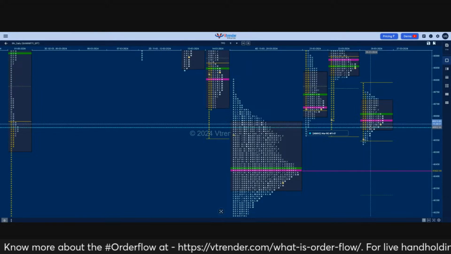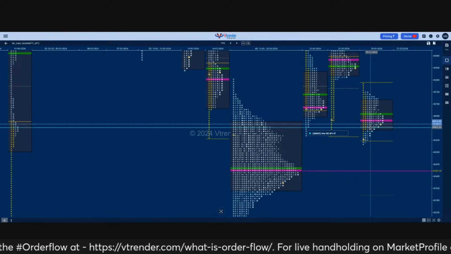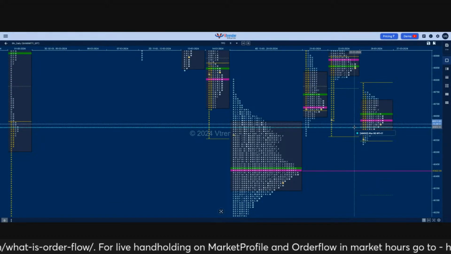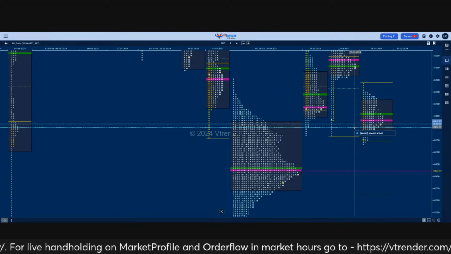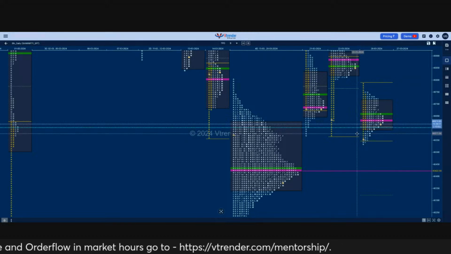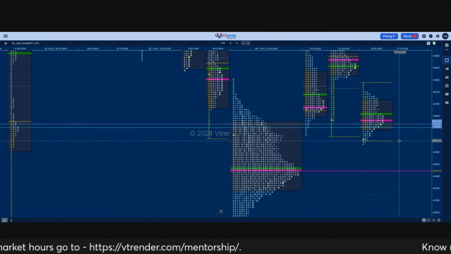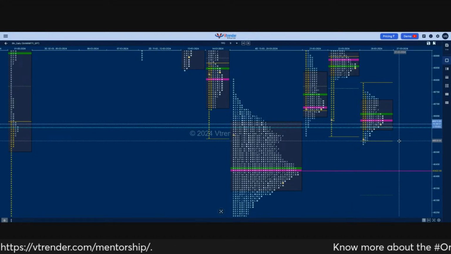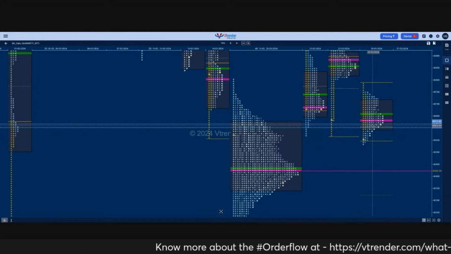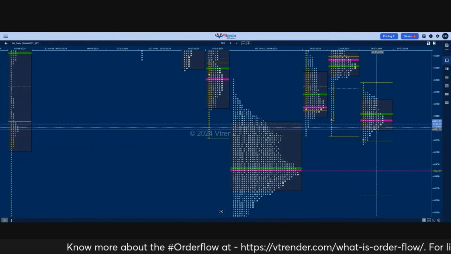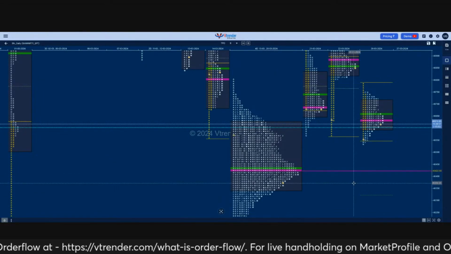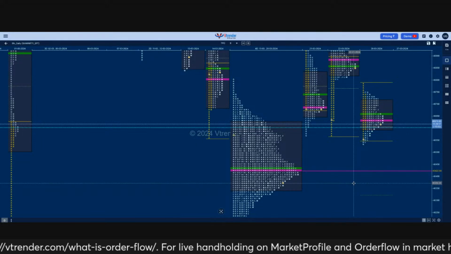So we have been continuously forming TPOs at the same level. That is the reason Bank Nifty looks good for one nice expiry move tomorrow in either direction. So we will need to see from the order flow and the open type tomorrow what it is telling us further. So here, if we stay below today's value, we are looking for these lower POCs. So this is as far as the Bank Nifty spot is concerned.